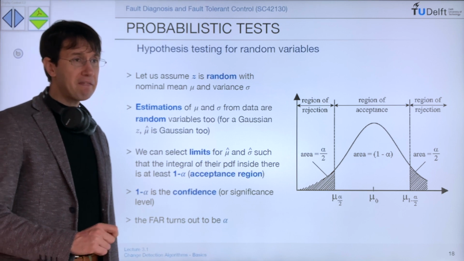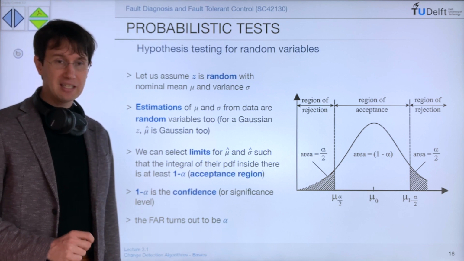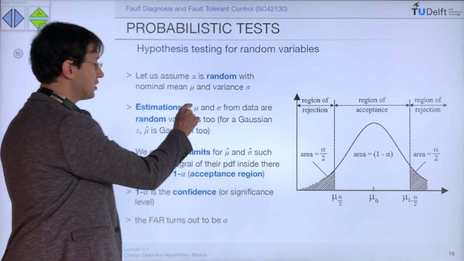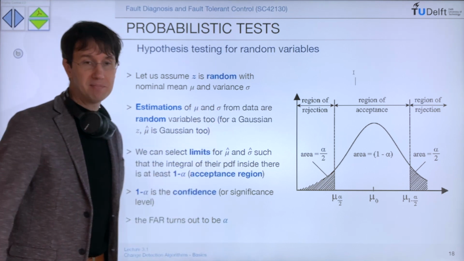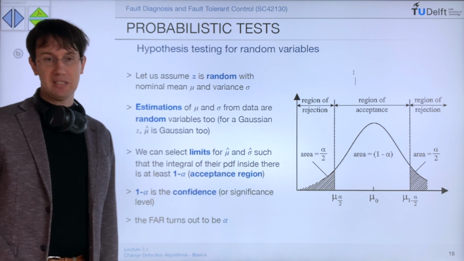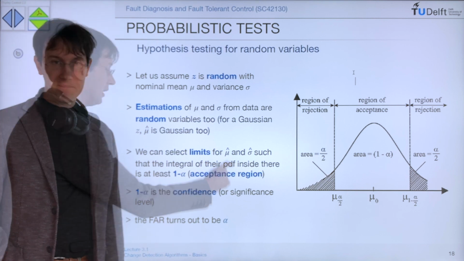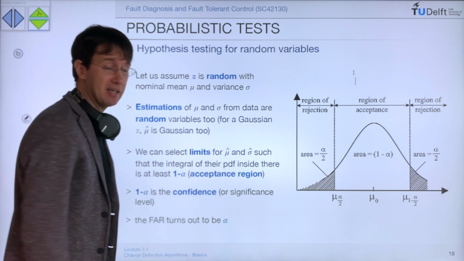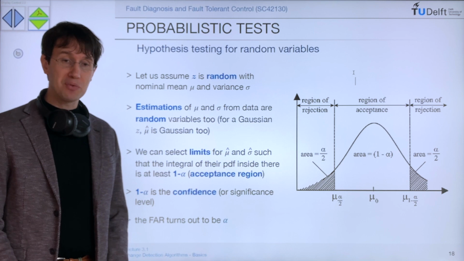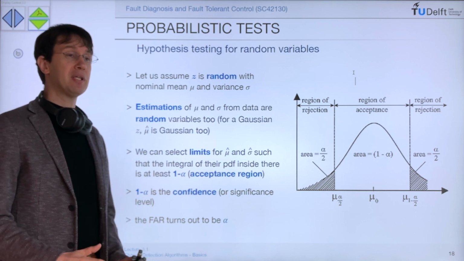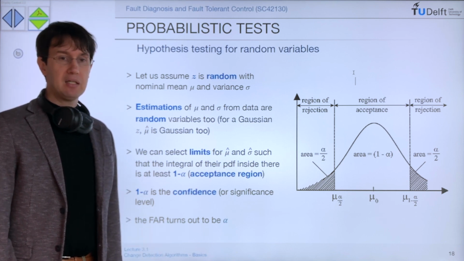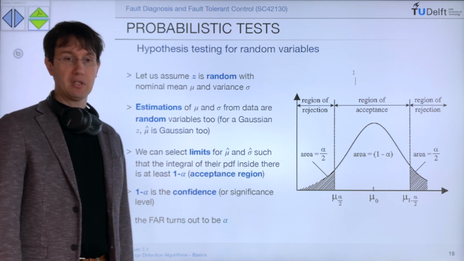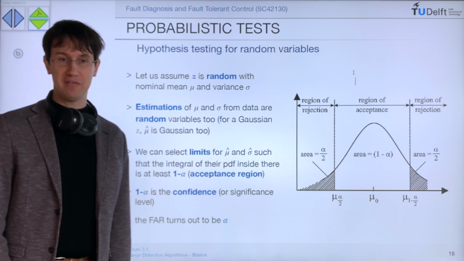Now, the key thing to remember when doing that is that while the true mean mu and sigma are deterministic quantities, that is, you know them, the empirical mu and the empirical sigma, when you compute them from a sample set with a finite number of samples, are going to be random variables themselves. Okay, wow, so now you have two levels of random variables.